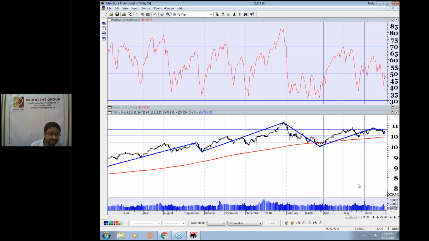RSI compares the price of a stock with its own price some 14 days ago by default. We can change the time period. We can make it comparing with its own price some 15 periods or 20 periods or 30 periods ago.